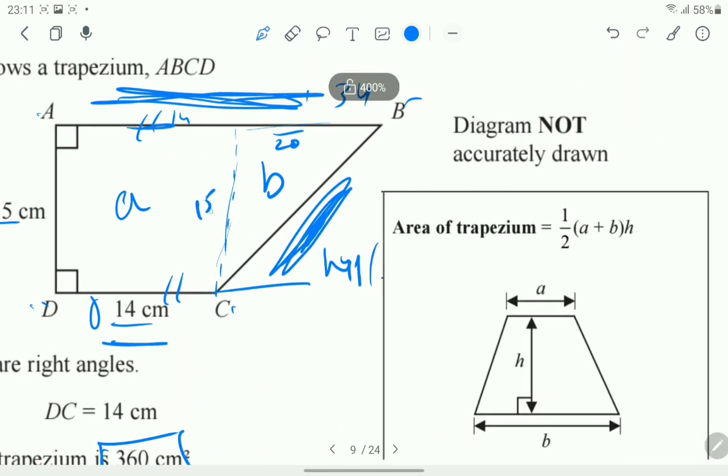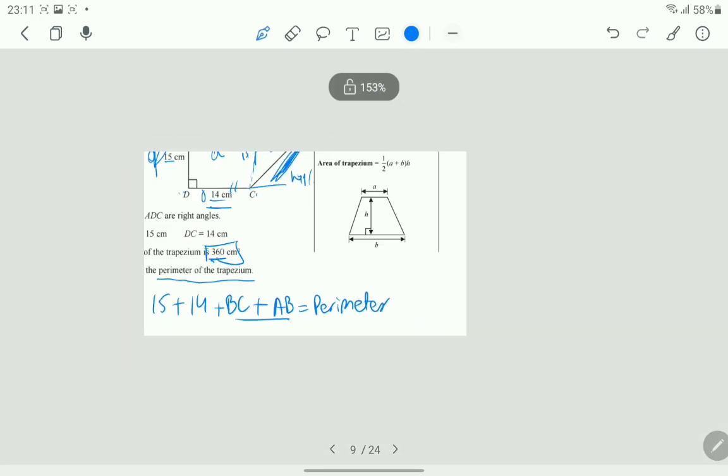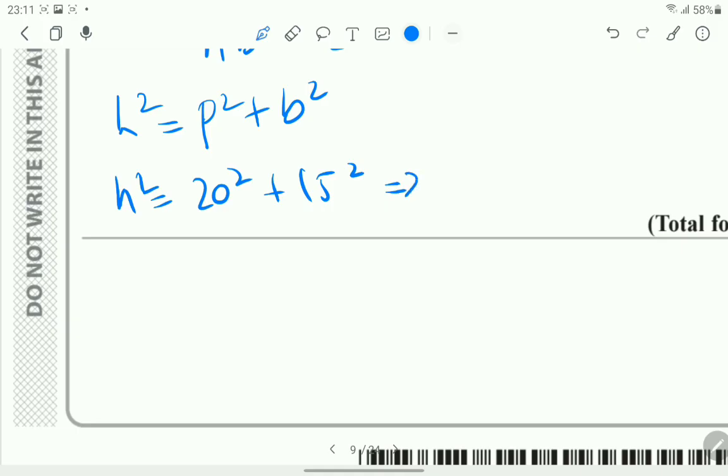Usually this is the perpendicular and this is the base, depending on what angle you are looking at it from, but either way this works. So h square equals 20 square plus 15 square, and solving this, 20 square plus 15 square is 625.